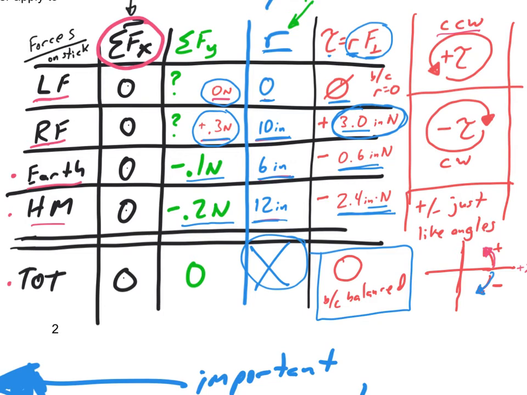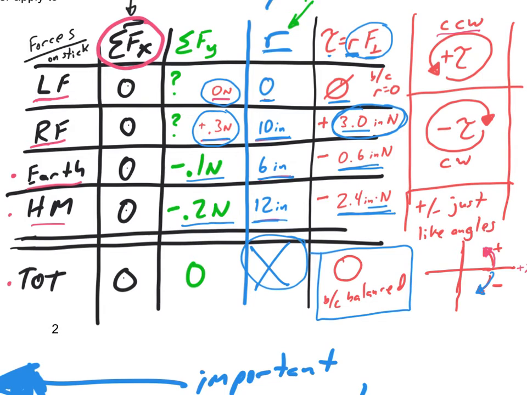I'm using that to determine the torques for each of those, because torque is going to be that moment arm multiplied by the force that is perpendicular to that moment arm. The left finger is applying a force at the pivot point. R is 0, torque is 0. Done. The other three are going to be positive or negative.